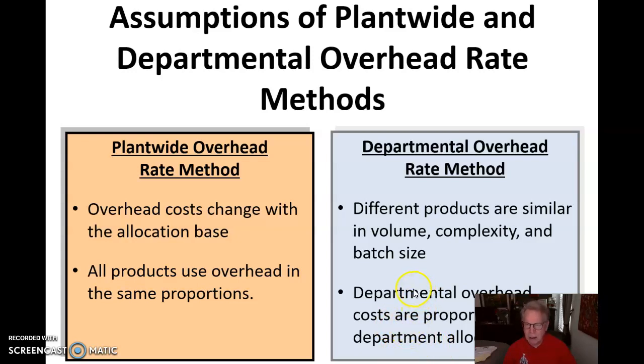And that's a little better than plant-wide overhead rate, but not necessarily the same. So what that means is, is it worth the trouble to calculate activity-based costing, which we'll see here in a minute? As we step up in sophistication, we find that it's going to require a whole lot more work.